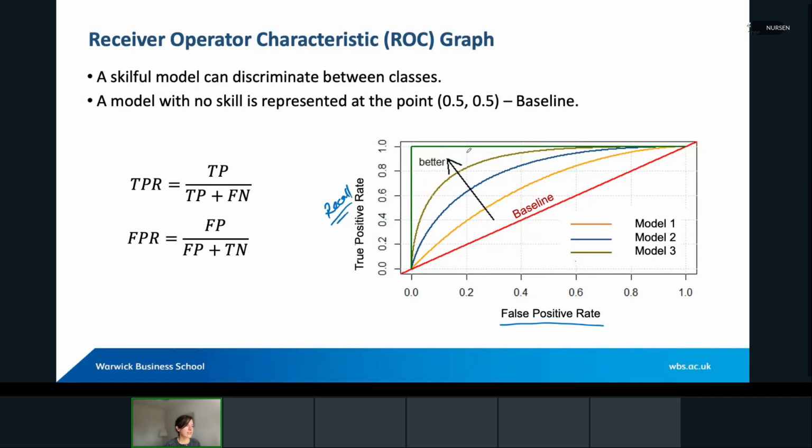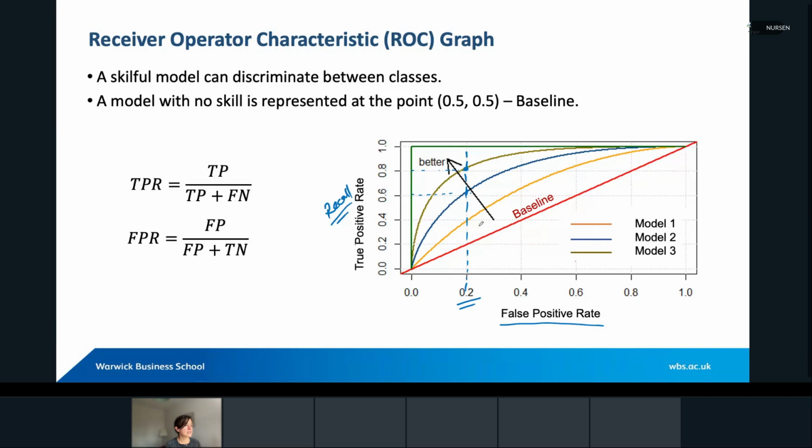So let's take a snapshot here, a cut on our graph. What does it tell us? Models 1, 2, and 3 all have a false positive error rate of 0.2. With the same false positive error, Model 1 can identify 80% of responders. Model 2 can identify around, let's say, 62% of the responders.